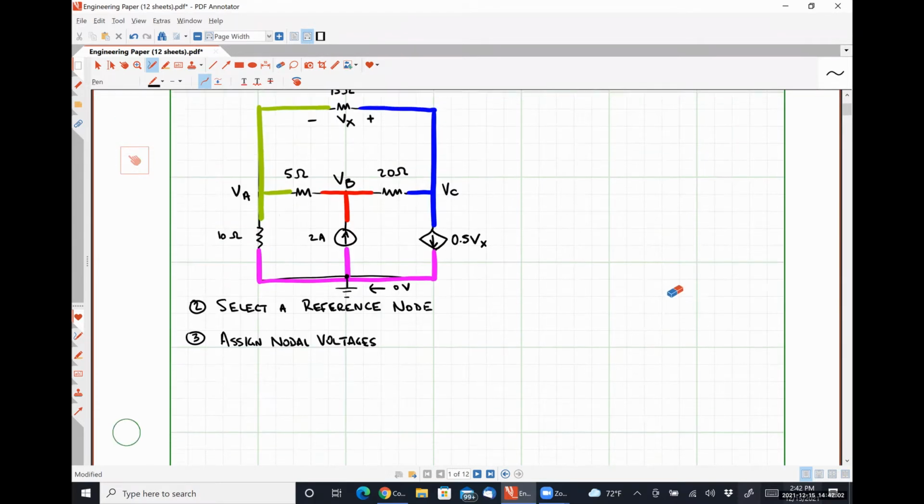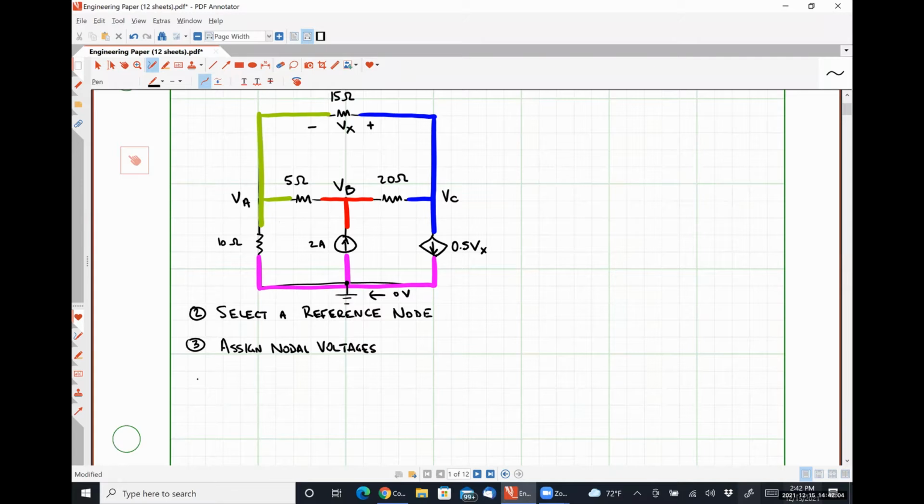So my next step, number 4, is to write equations for controlling variables in terms of my nodal voltages.